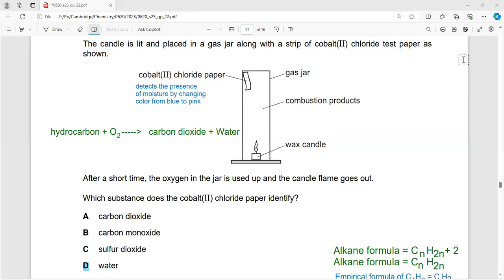A is the hydrocarbon burned in the presence of oxygen that produced carbon dioxide and water. So the cobalt chloride paper will identify the water and water moisture in the gas jar. It will turn its color from blue to pink. So D is our correct answer here.